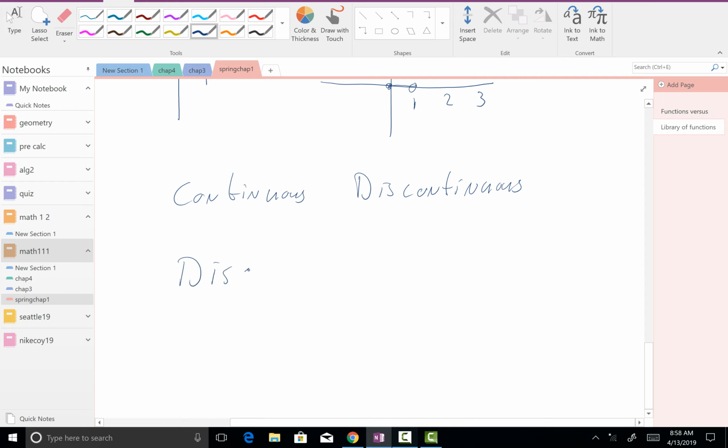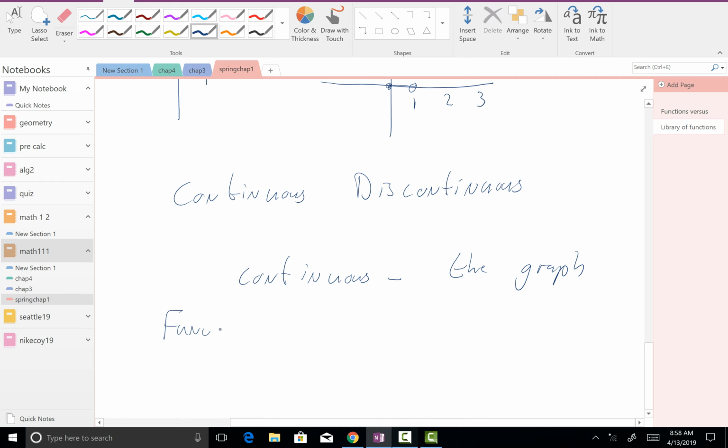So a discontinuous function basically is this. It's the graph of a function. Well, let me do a continuous one because it's way easier.